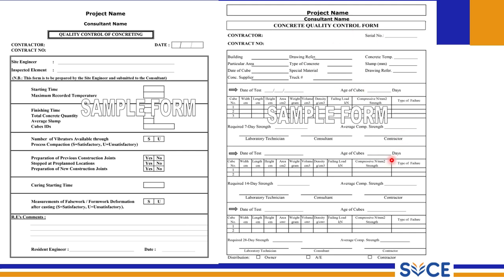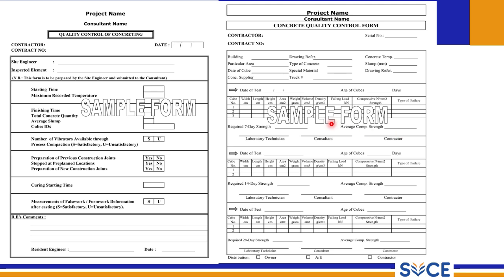Here we can see another quality control form, slightly different from this one. You can see the particular area, grade of concrete, the slump value, and design drawing reference. All those things are mentioned at the bottom. You can see the sample form, date of test, and a table. This table is the one we need for compressive strength of brick or concrete.